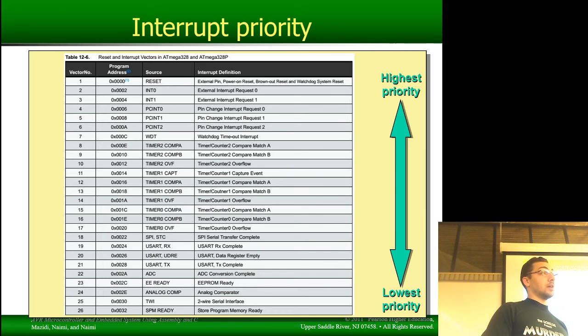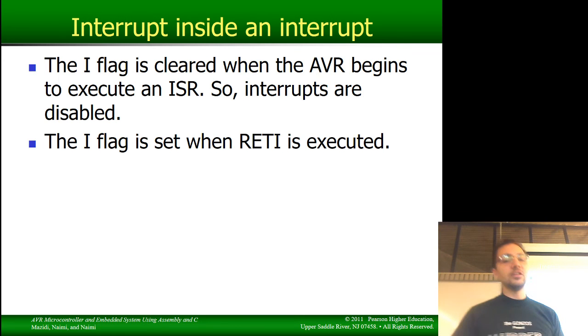That's not how the AVR works. The AVR says, okay, I'm going to do this thing until completion. And this is why we need a RETI. This is the magic that happens with RETI. When you go inside an interrupt service routine, it automatically ignores all other interrupts until it's done with that. So when you start the program, you must use SEI. SEI enables global interrupts. When you go into an interrupt service routine, the first thing that happens is it disables interrupts.